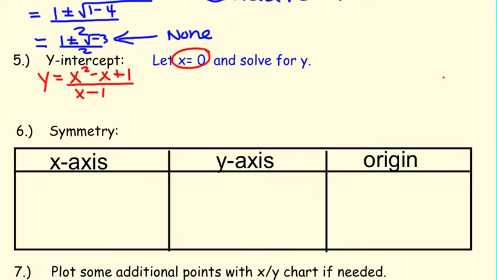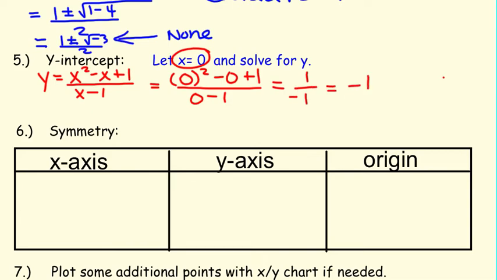Let x equal 0. So 0 squared minus 0 plus 1 over 0 minus 1 is 1 over negative 1, which is negative 1. So you have a y-intercept of 0, negative 1.